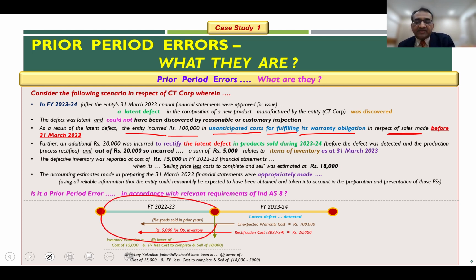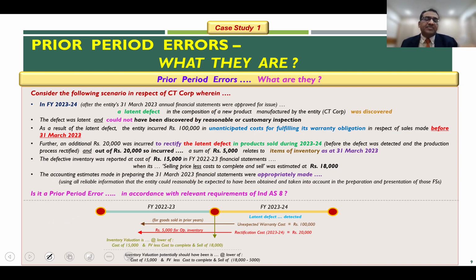So in this period you are incurring 1 lakh of additional warranty expenses related to the sales made in the prior year, 22-23.